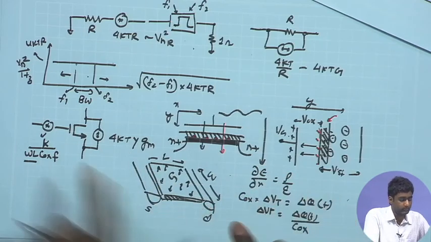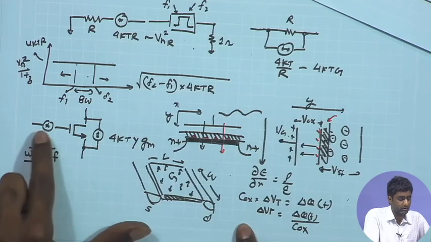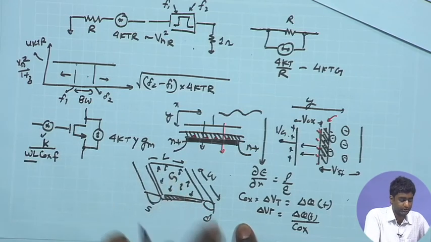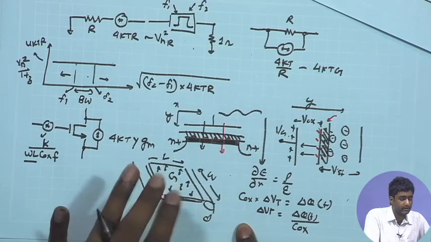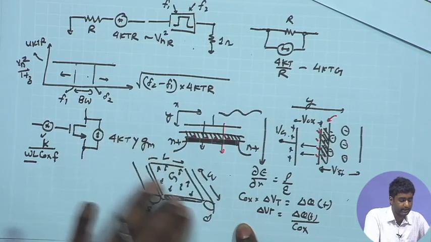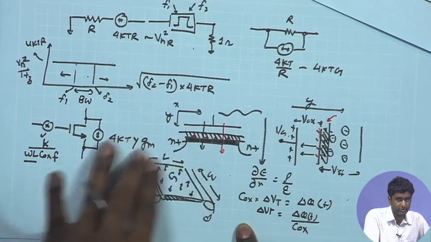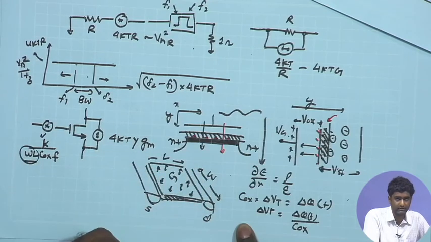Therefore, the effective noise signal coming from these interfacial effects reduces with the increasing area because of this averaging effect, the spatial averaging effect. So this basically accounts for the spatial averaging effect.